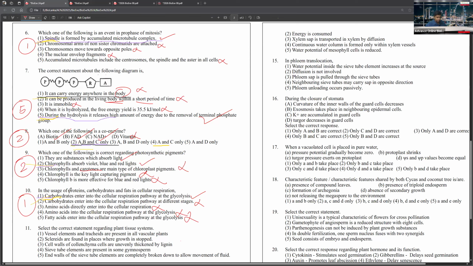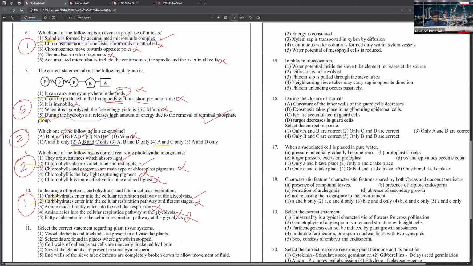Next one, question number 11. Select the correct statement regarding plant tissue system. Vessel elements and tracheids are present in all vascular plants.